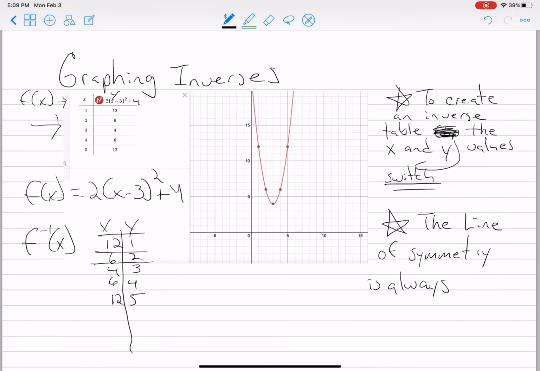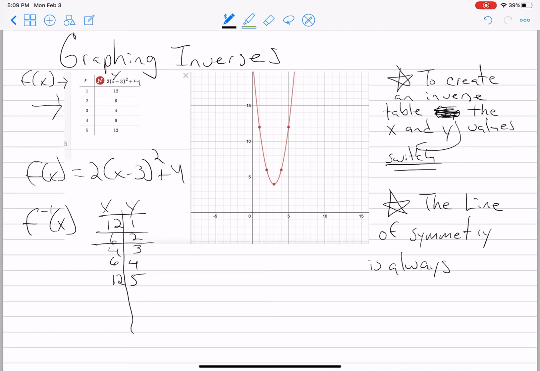In other words, the line of symmetry is always this diagonal line. I'm drawing mine by hand. It's y equals x. There's my line of symmetry.